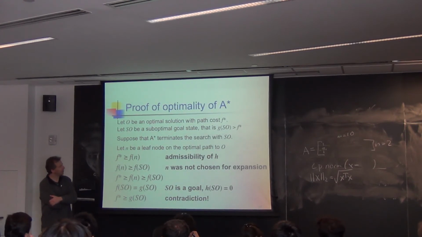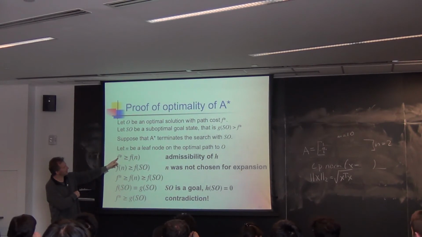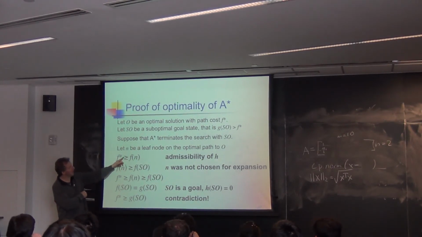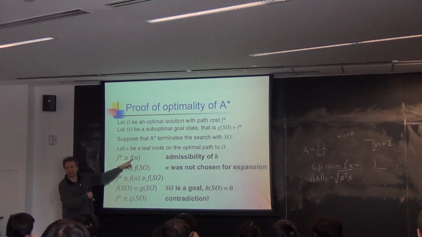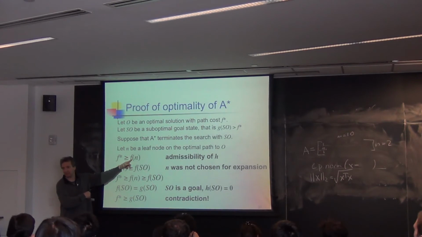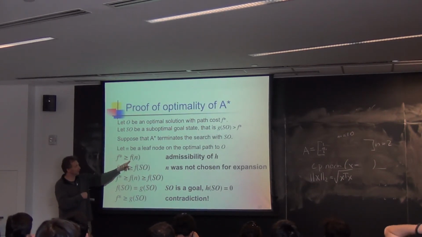If that's true, then the optimal cost F star has to be greater or equal to whatever F of N is because of the admissibility. Remember, the admissible heuristic has to always underestimate or be exactly the target; it can never overestimate. So that's true.